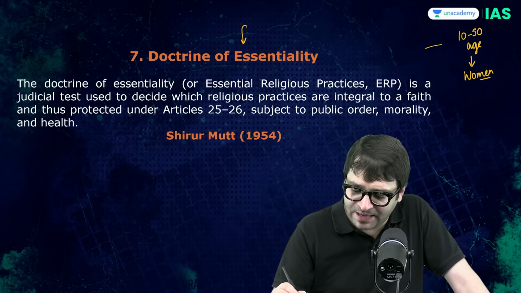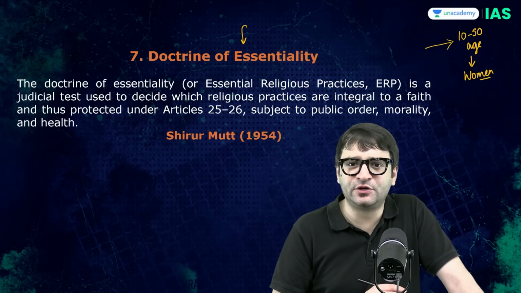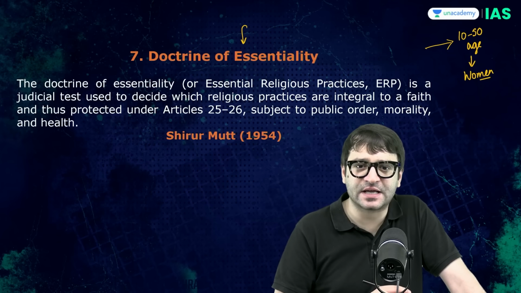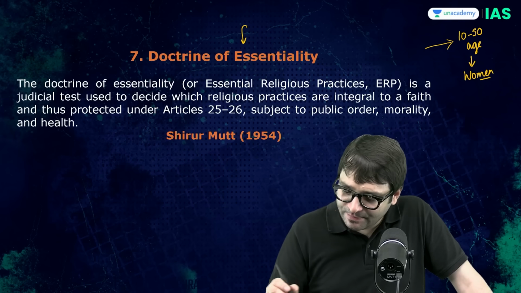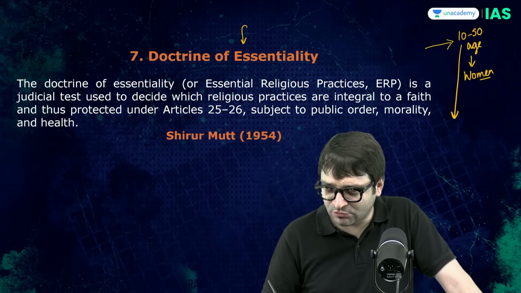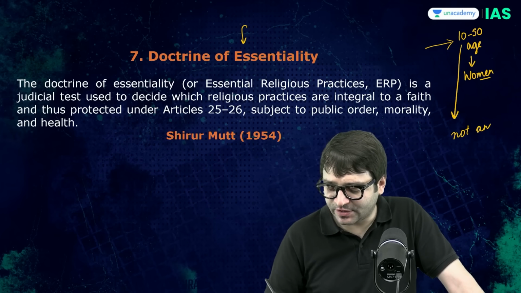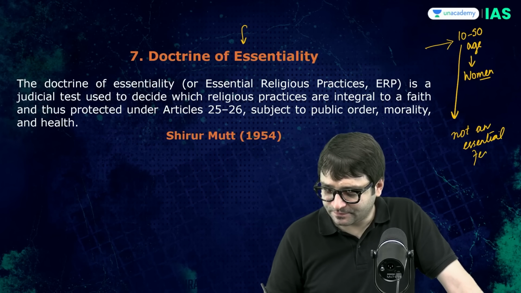Supreme Court said banning the menstruating age women in the age group of 10 to 50 inside the sacred sanctum sanctorum of the Sabarimala temple is unconstitutional. Why? Because banning the entry of the women of menstruating age is not an essential feature of Hinduism.